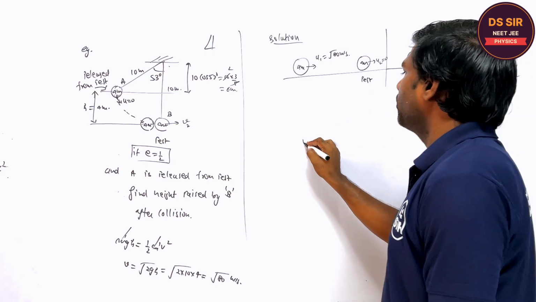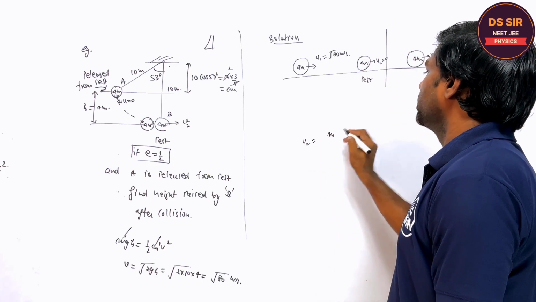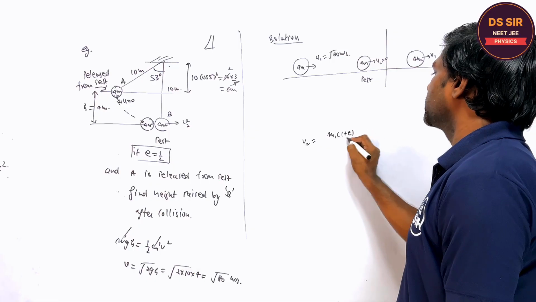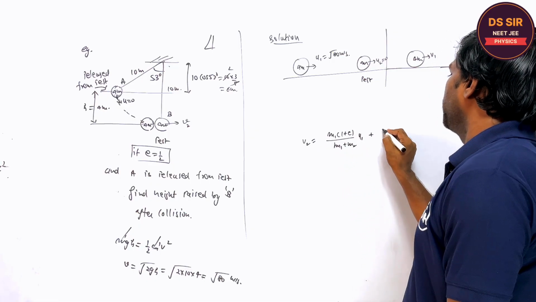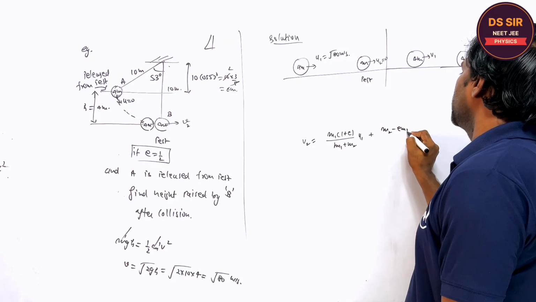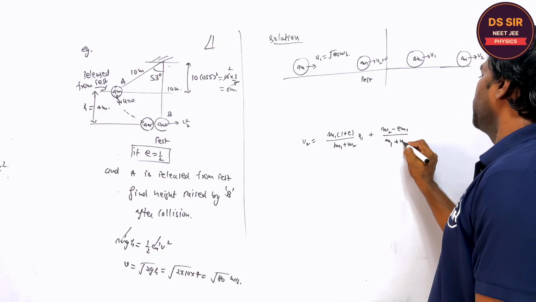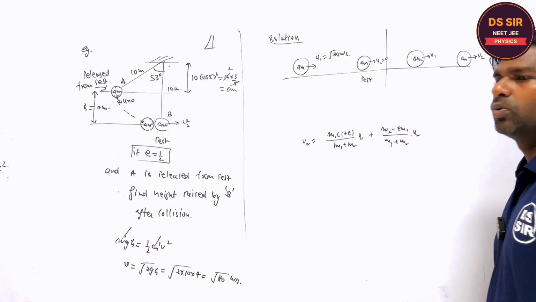So what is the formula for v2, if you remember? It is m1 (1 plus e) upon (m1 plus m2) into u1 plus (m2 minus e m1) upon (m1 plus m2) into u2.